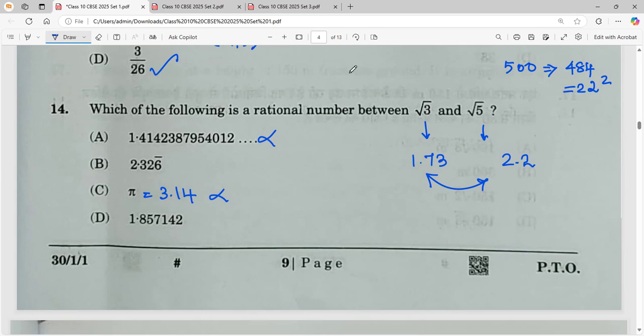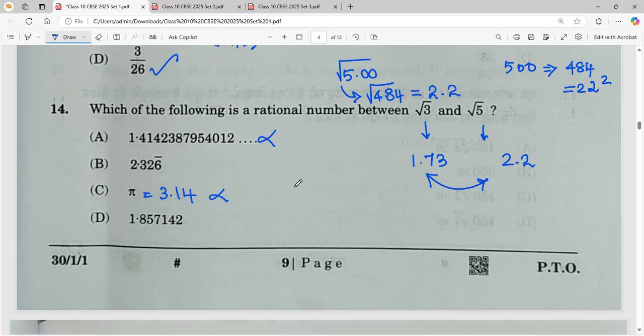So if we take root of 500, under that you have root of 484, which is 22. So we're looking for a value between 1.73 and 2.2.